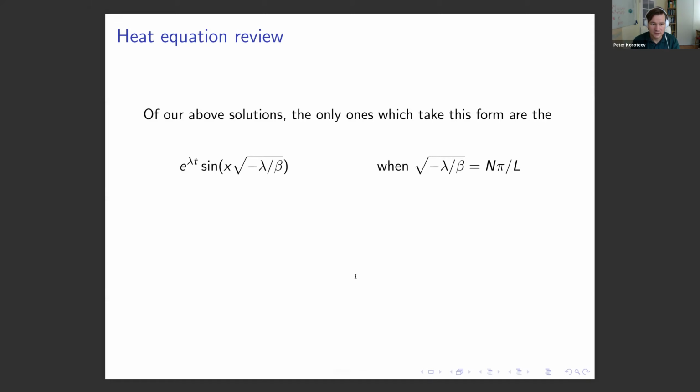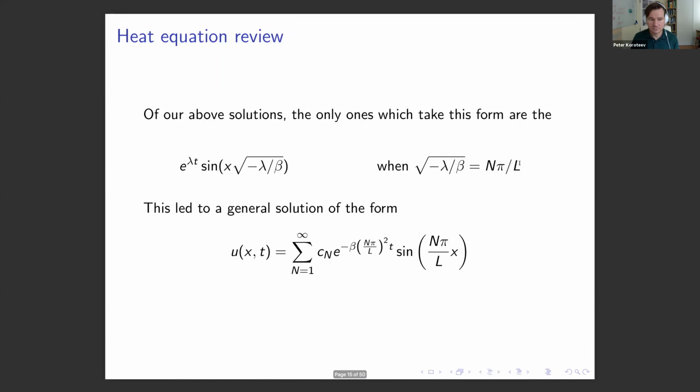It must be a sine function, right? Because it vanishes at the next nodal point, multiplied by the time exponential. That requires that the square root of negative lambda over beta is an integer multiplied by pi divided by L. And the general solution could be presented as the following series.